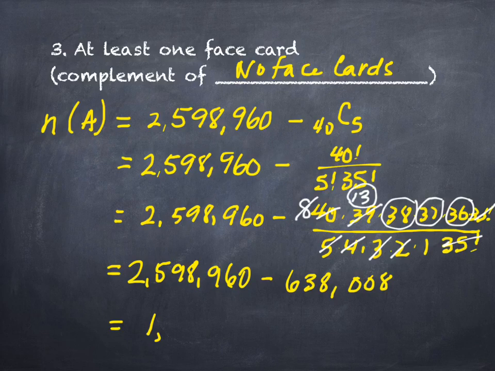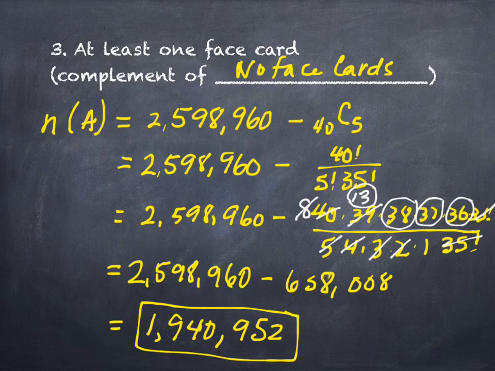Did you not get that? Okay, 658,008. So a little bit off. We'll fix it. Better? All right. 1 million what? What's my subtraction here? 952? All right. Make sense?